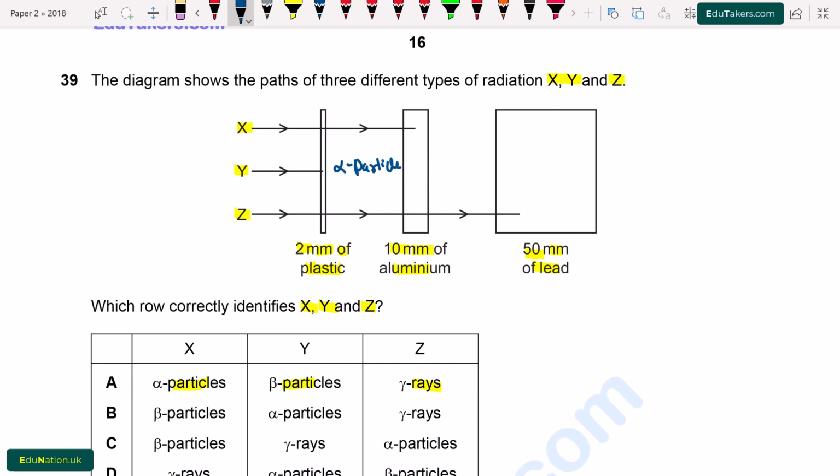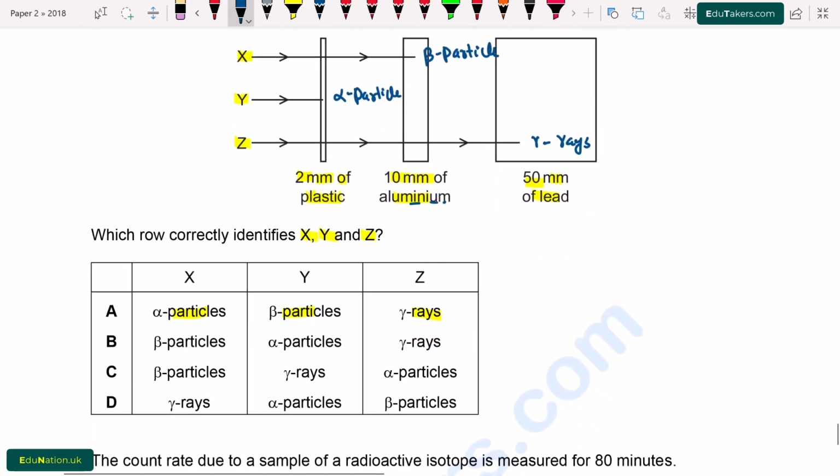X is stopped by the 10 mm of aluminium. This is basically a beta particle. Z is only stopped by 50 mm of lead. So this is basically gamma rays because the penetration power of gamma rays is larger as compared to alpha and beta.